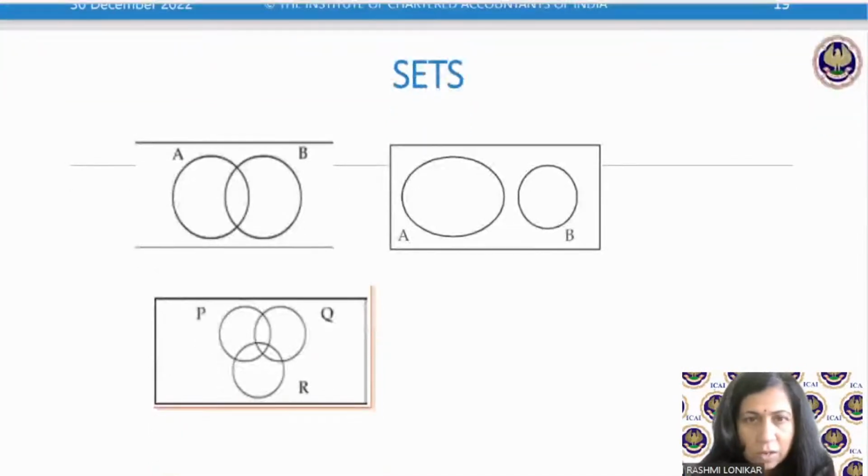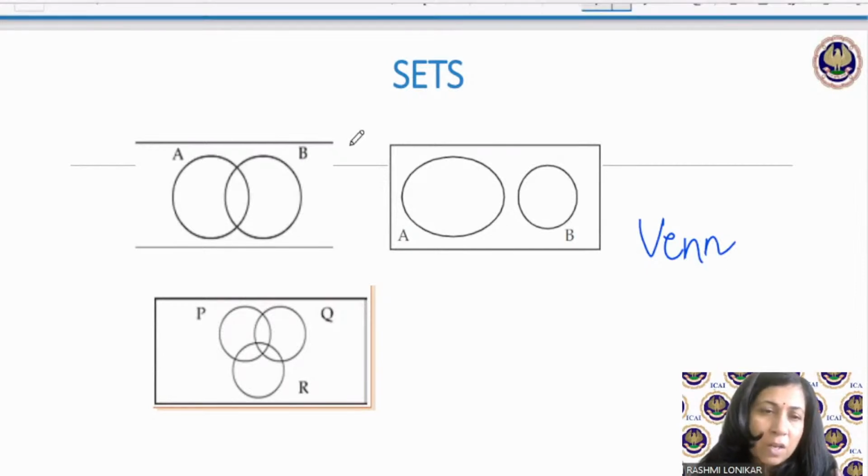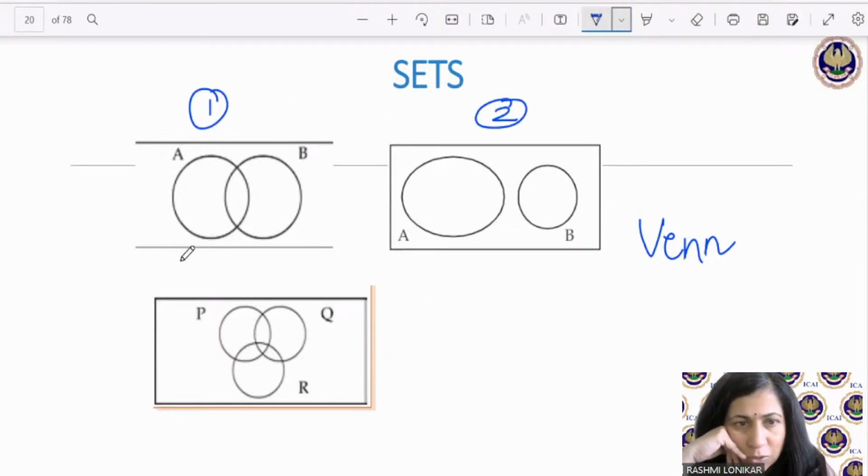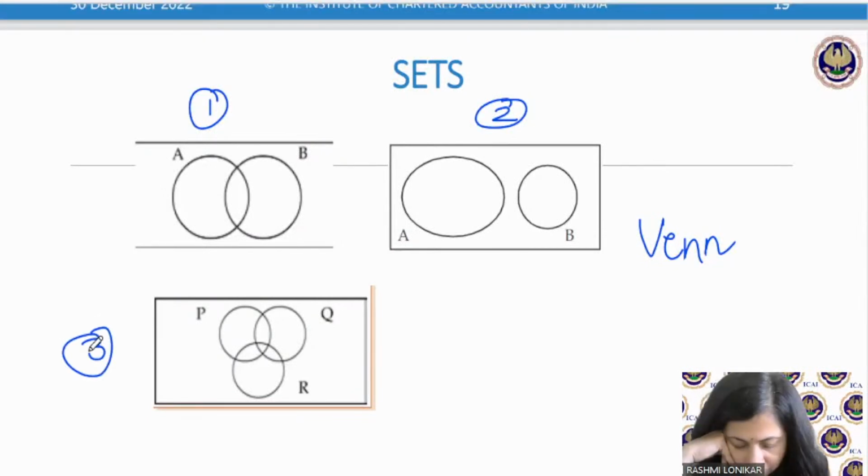So this is called the Venn diagram. Okay, the name is Venn diagram. So here, what is this? Which of these is disjoint? Can anybody tell me? If this is diagram 1, this is diagram 2, diagram 3. Which of the diagrams 1, 2, 3 is a disjoint set? Anybody? Just put it in the chat box.